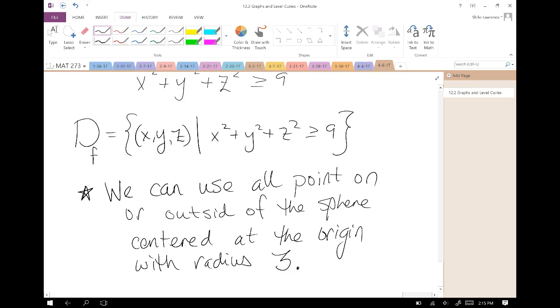The equals means it's on the sphere, and the greater than means outside the sphere. So we can use all points on or outside the sphere centered at the origin of radius 3.